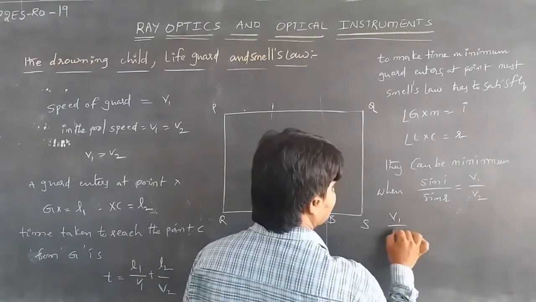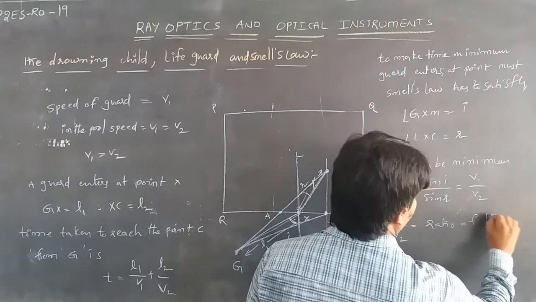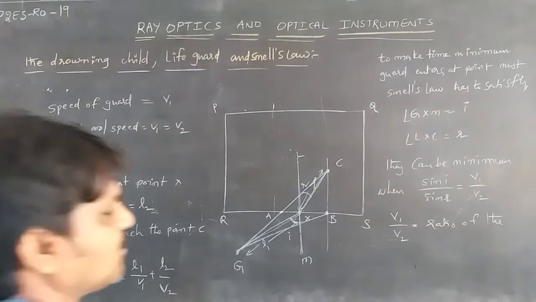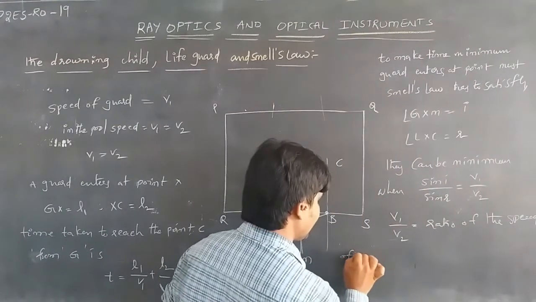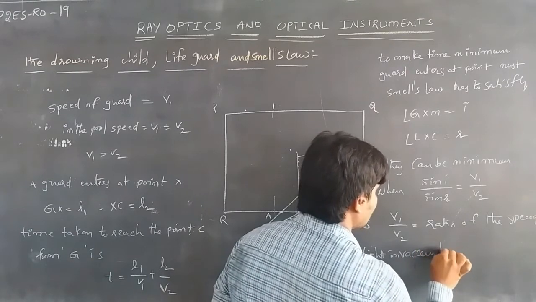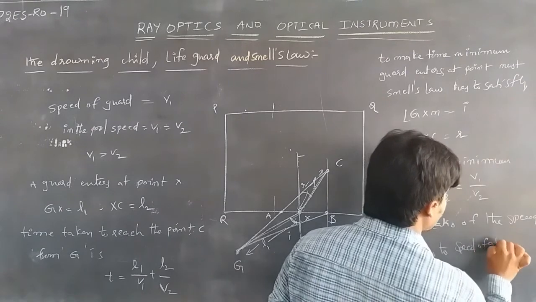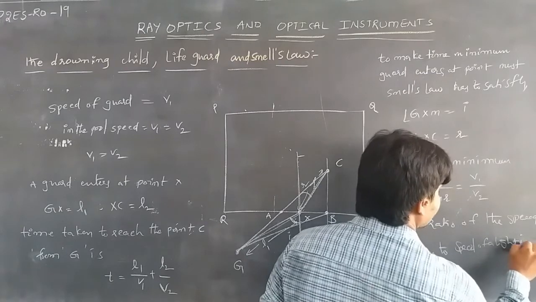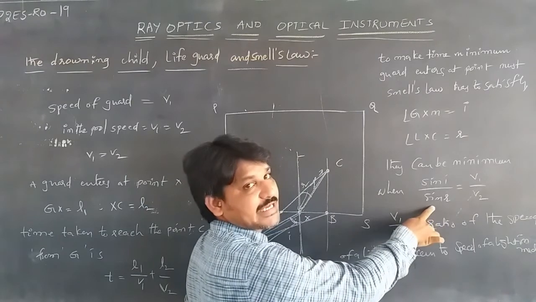The V1 by V2 ratio is the ratio of the speed of light in vacuum to the speed of light in a medium. This will be the refractive index of the medium.